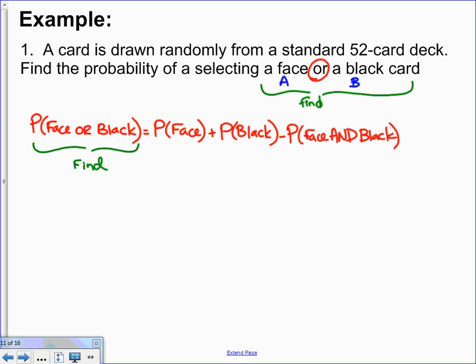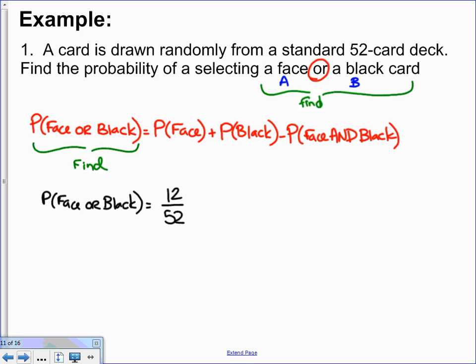So we'll work together since some of us are better at cards than others. What's the probability you reach into the deck of cards and you get a face card? 12 out of 52. Okay.